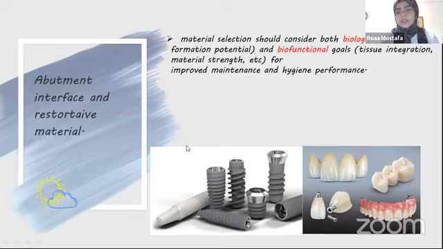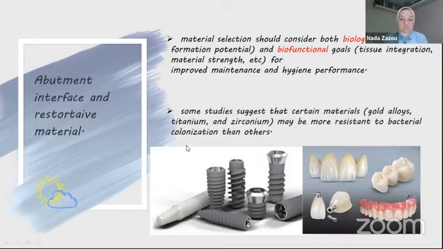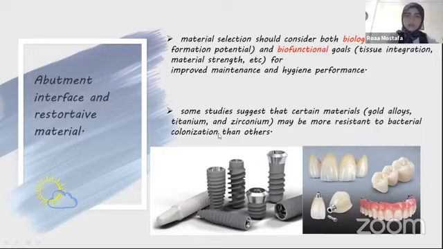And biofunctional goals mean that the material should allow for tissue integration and have material strength and so on. Some studies suggested that certain materials such as gold, titanium, and zirconia are more resistant to bacterial colonization than others. So it's more advisable to use gold, titanium, or zirconia.